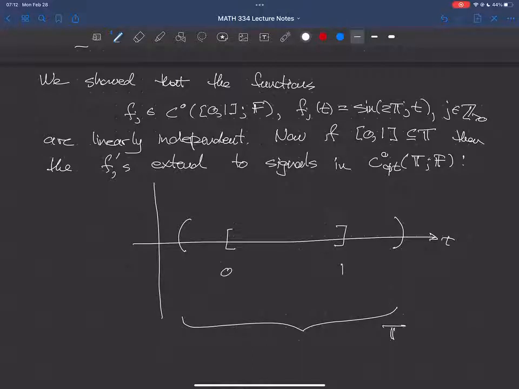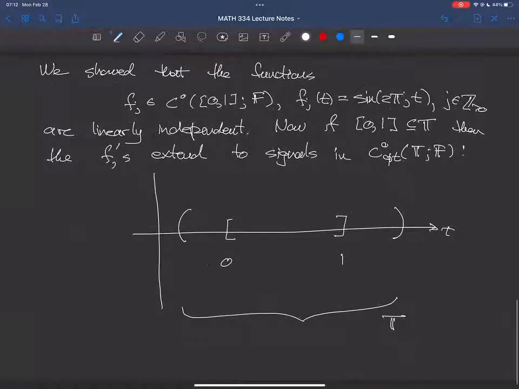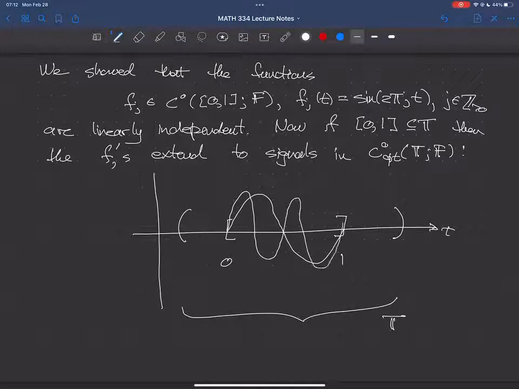All right. And so these f_j, what do these f_j look like? Well, f_1 was a sine function of a single period, like so. f_2, like this. Okay, and so on.